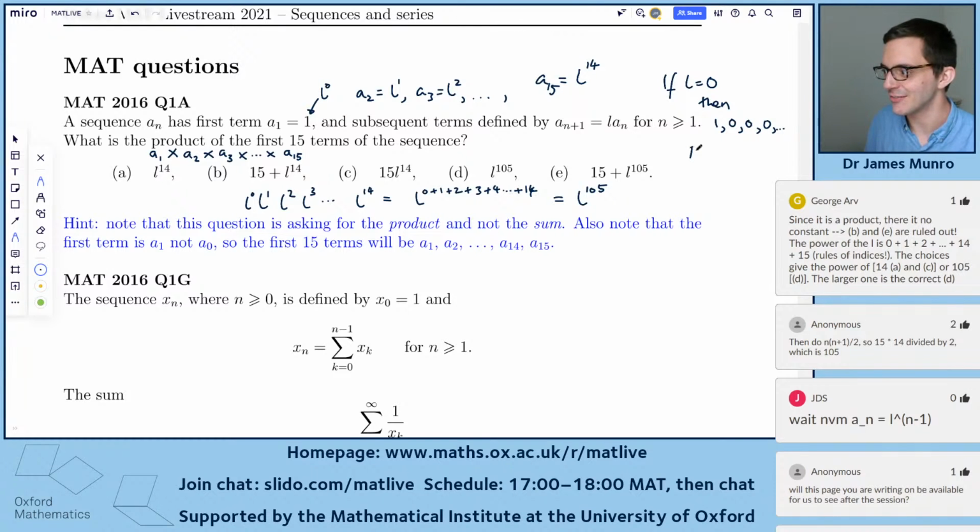So the product of the first 15 would be 0. That's exciting because it rules out B and E, both of which are not 0 when you plug in L equals 0. If you then plug in L equals 1, then your sequence is 1, 1, 1, 1. I think that rules out C. So then you're down to A and D.